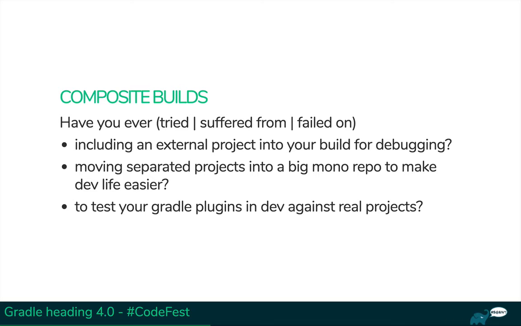Or who of you is working on, or considers working on, a big code base or a big project with different modules? Have you ever tried moving separated projects into one big monorepo to make developer life easier, so you don't have to suffer from, oh, I need to check out that project, I need to build it, install it.